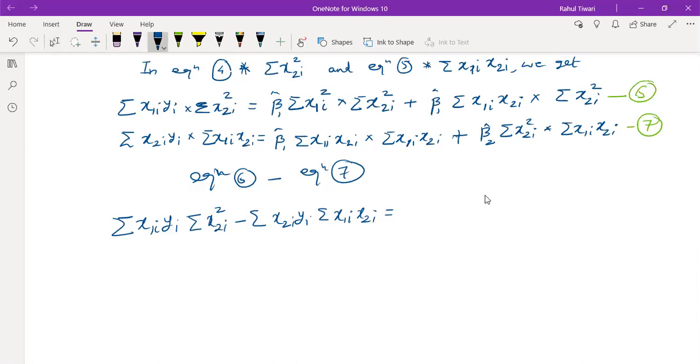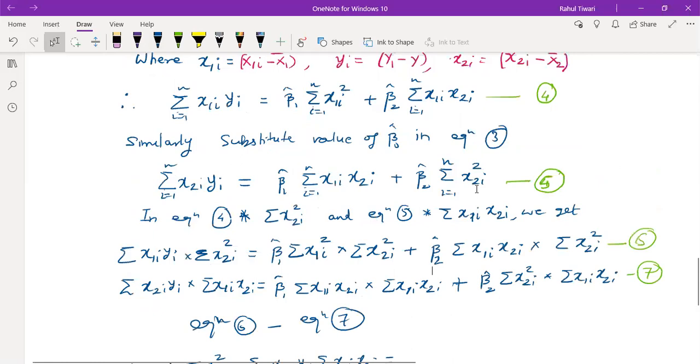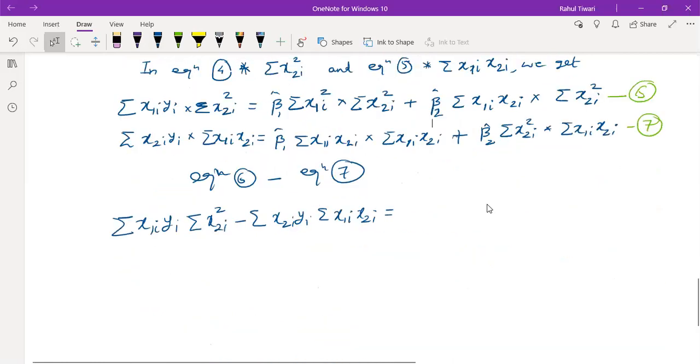I think this is beta 2. Hello sir. Yes, go ahead. Sir, in equation number 6 it is equal to beta 2. That's why I'm wondering, beta 1 is there, beta 2 is not there. Okay, I think I've written the same thing there. No, it is beta. Okay. So in expression number 6, this term goes away because it has the same term.